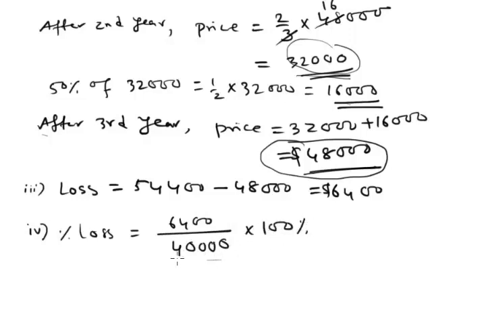So in $40,000 the loss is 6,400. So this 20 will go with this 20, and 4 and 64 will give 16. So his percentage loss is 16%.